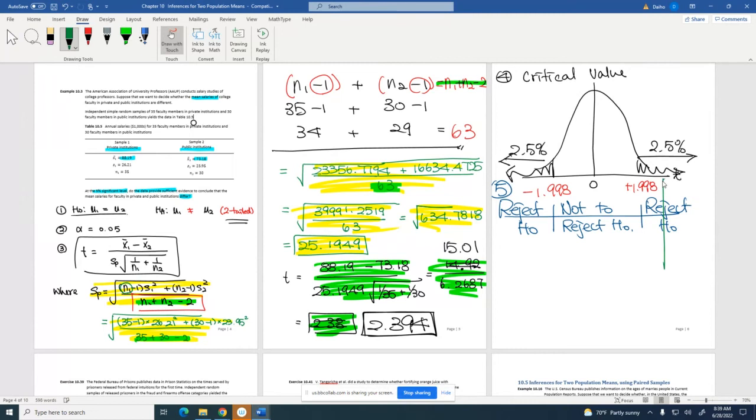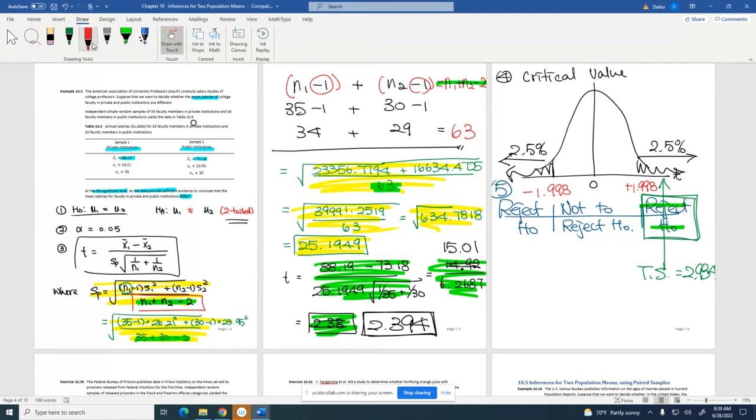Here, the test statistic, 2.394, is in the right tail, so we have to reject the null hypothesis. At the beginning, now the decision, step 5: reject the null statement.